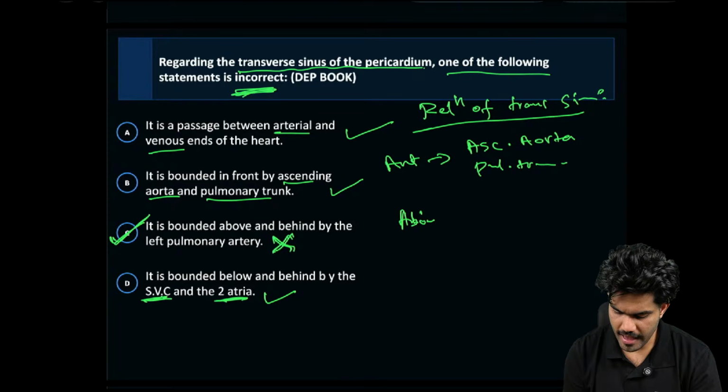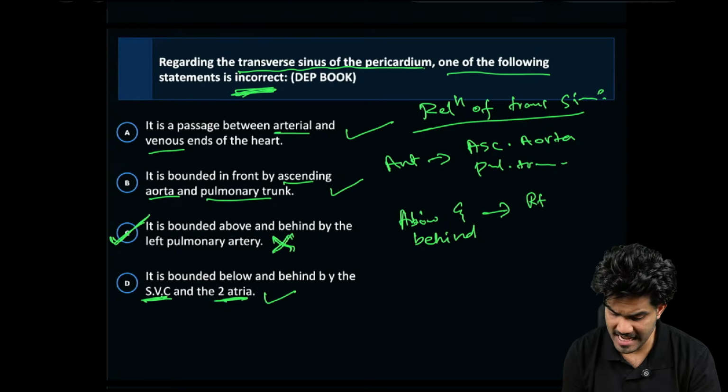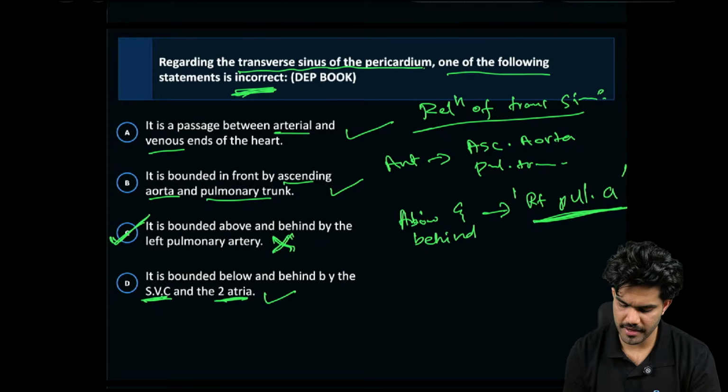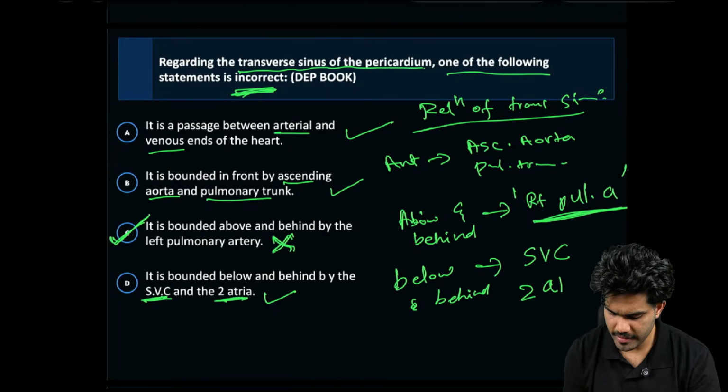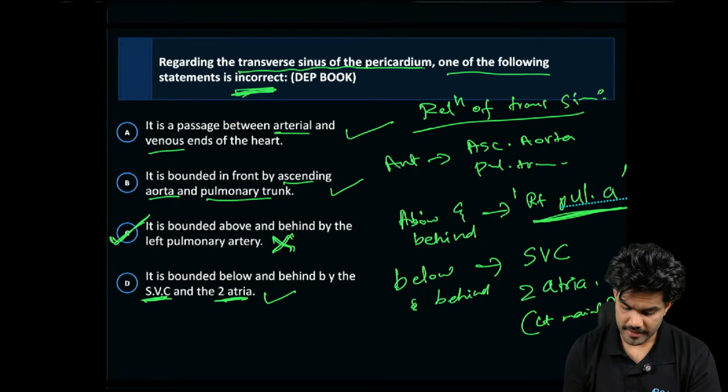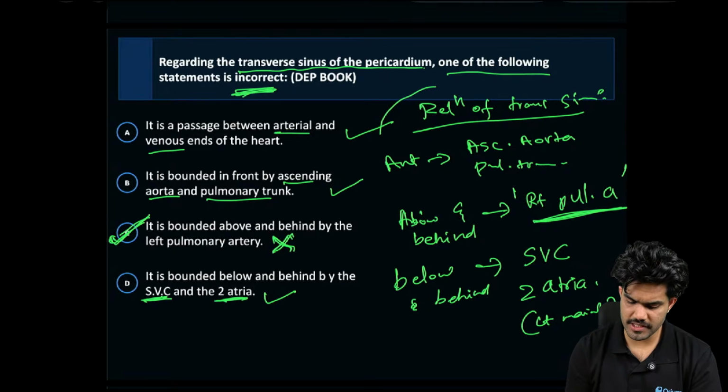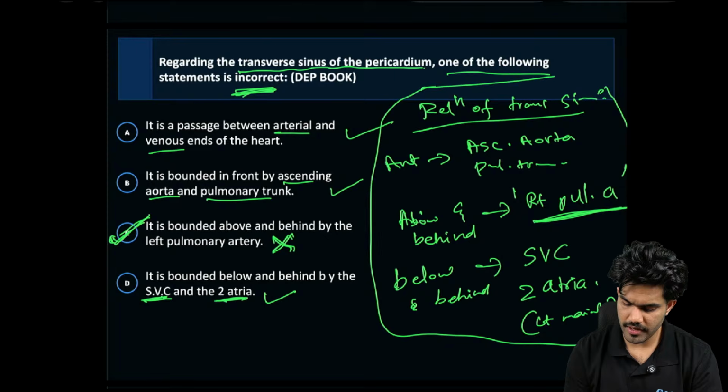Above and behind together we have the right pulmonary artery. Okay, right pulmonary artery. Below and behind we have superior vena cava and two atria. Okay, mainly left, mainly. So the answer will be C. This you have to memorize.